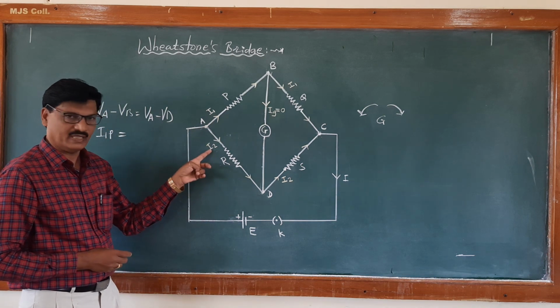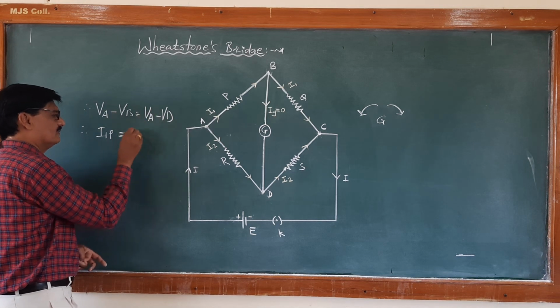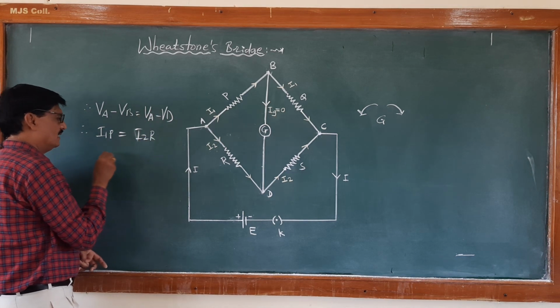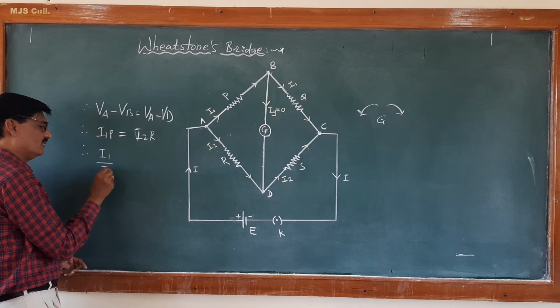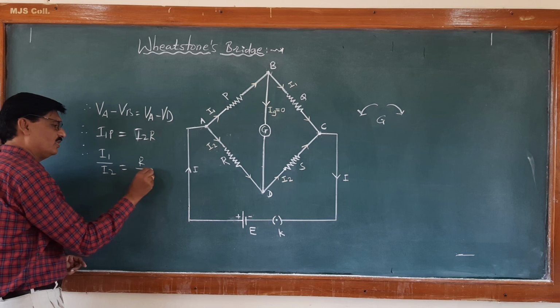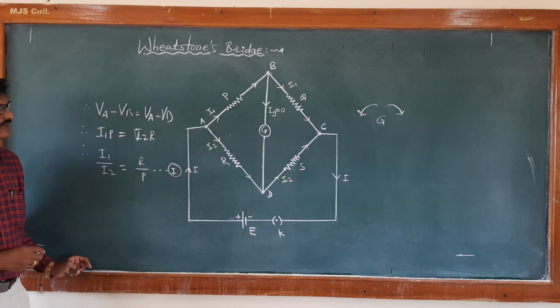The potential difference between VA and VB is I1 times P, and VA minus VD is I2 times R. Therefore I1 times P is equal to I2 times R, and so I1 upon I2 is equal to R upon P. Suppose this is my equation number 1.